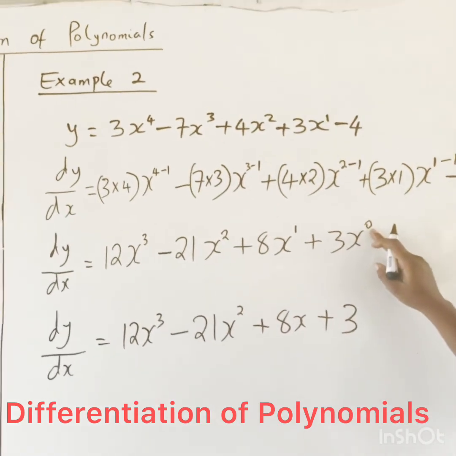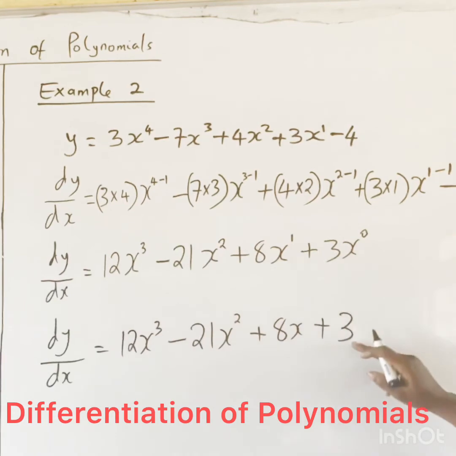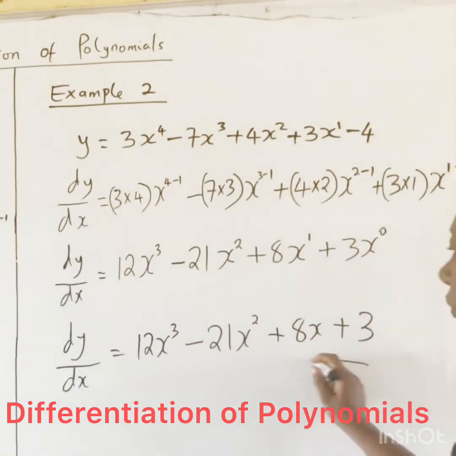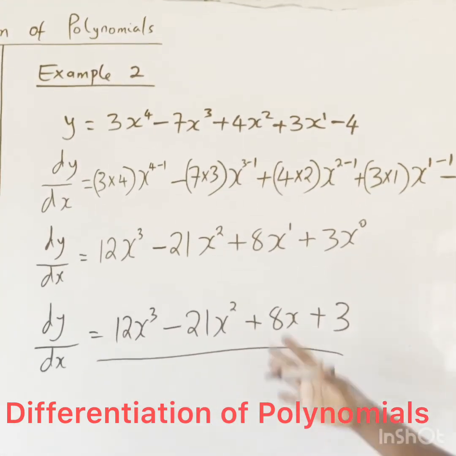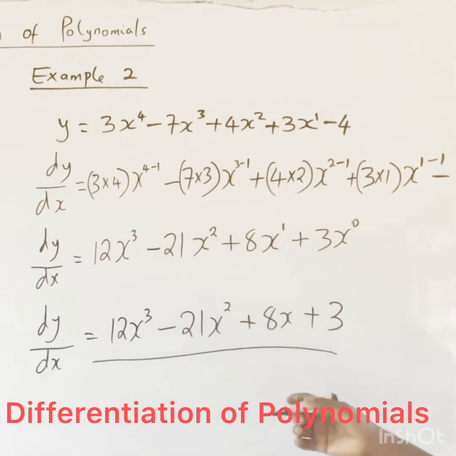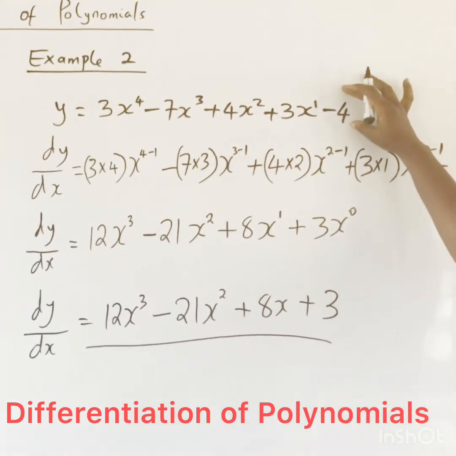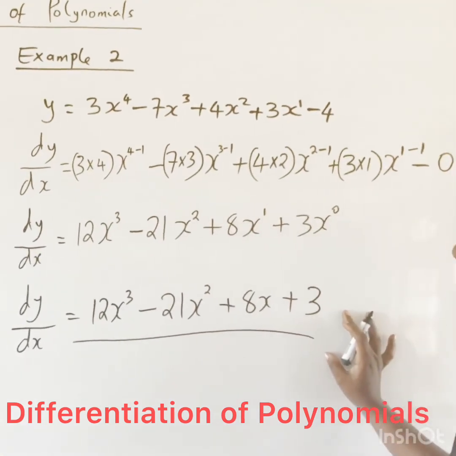And anything you multiply by 1, you get itself. So that is 3 here. So we are done. This is the derivative of the polynomial. So when we take the derivative of a polynomial of fourth degree, we will get a polynomial of third degree.